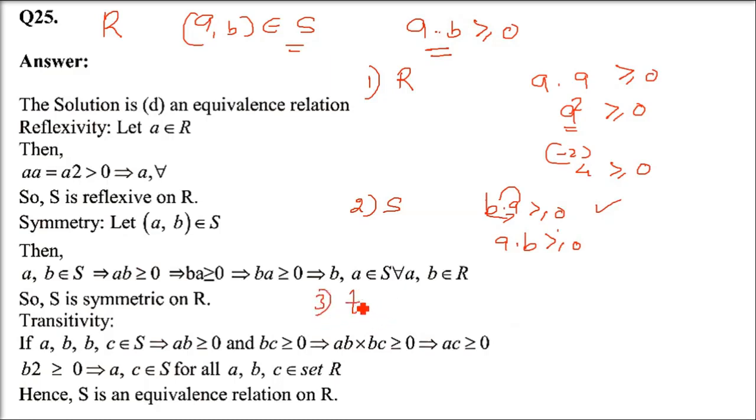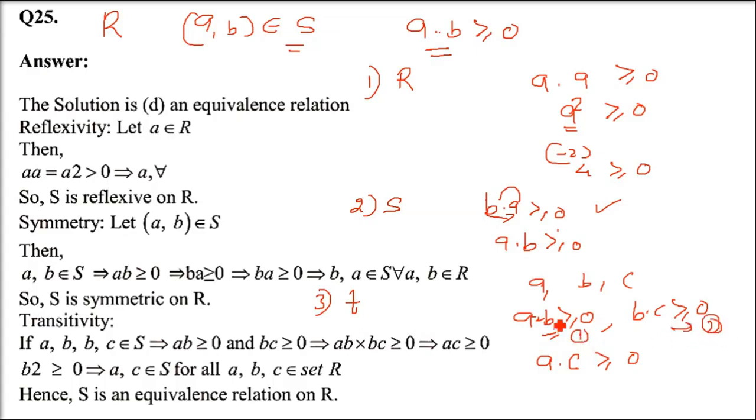Third one is transitive. Transitive means what? A, B, B, C. We have to have three variables. A dot B greater than or equal to 0, B dot C greater than or equal to 0. Then A dot C should be greater than or equal to 0. How do we get it? We multiply these two.